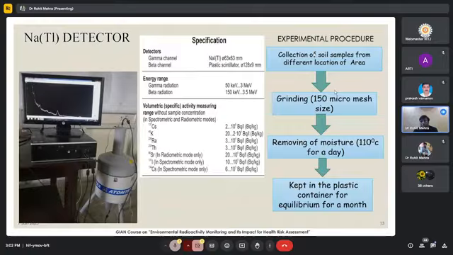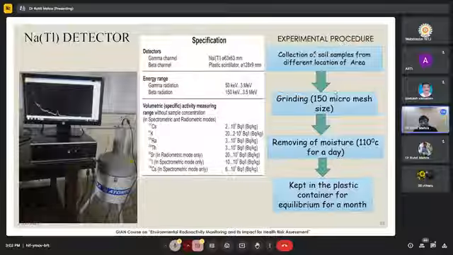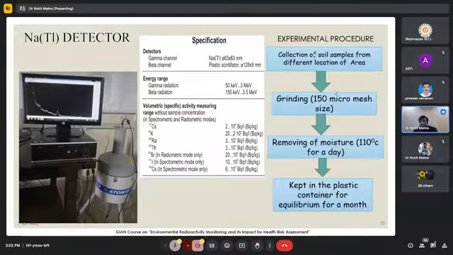Then we remove the moisture by drying those samples in the sun, or sometimes in furnaces at around 100 degrees Celsius for 2 or 3 hours. Then we keep those samples packed in containers to attain radioactive equilibrium. The preferable time is around 1 month, so that the radioactive equilibrium is attained.